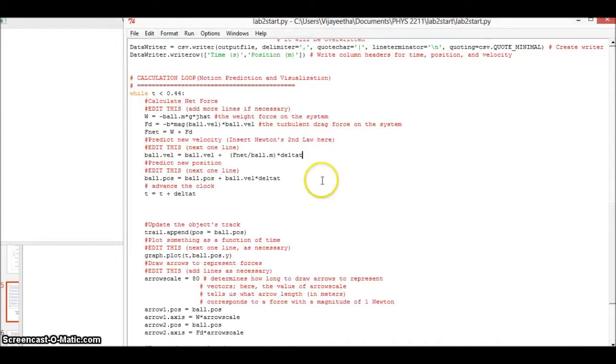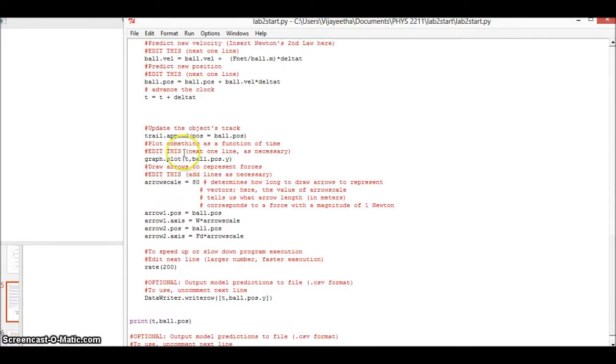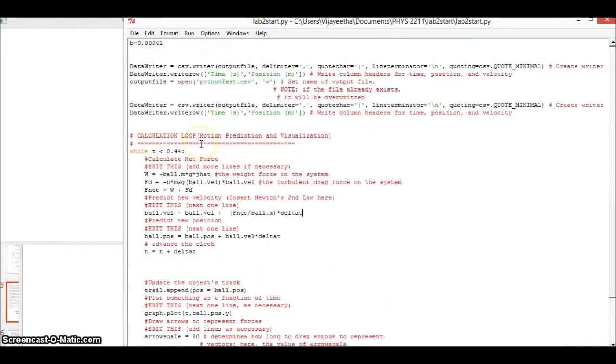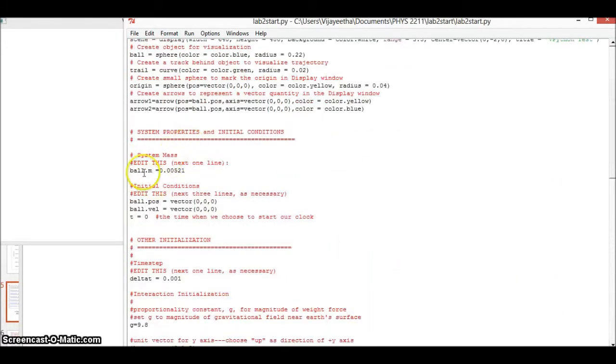So in order to get these, I edited this bit here. My arrow scale was 80, and I calculated this by using the fact that the weight of my ball, which again was 0.00521 kilograms, I used that against an arrow length of 4 meters.